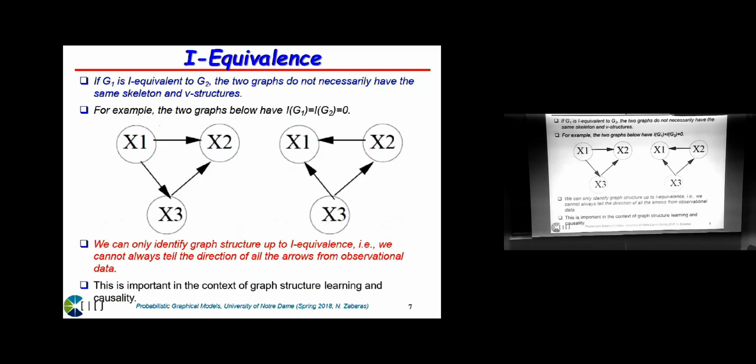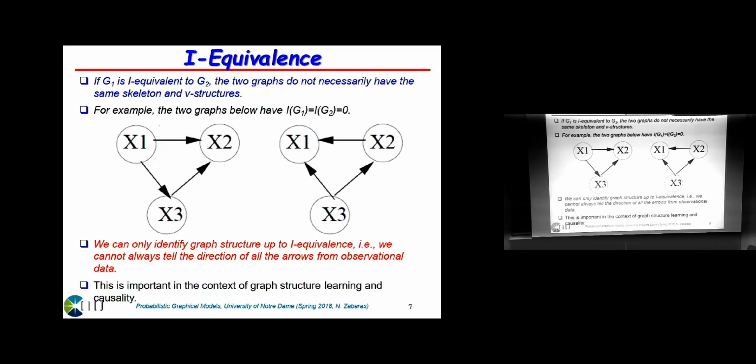I'm only going to emphasize this thing that I marked here with a red line, and it is very important for directed graphs: it says we can only identify graph structures up to I-Equivalence. So basically, if you try to identify, let's say, the directions of arrows, is it to the left or to the right, you will not be able to do that.